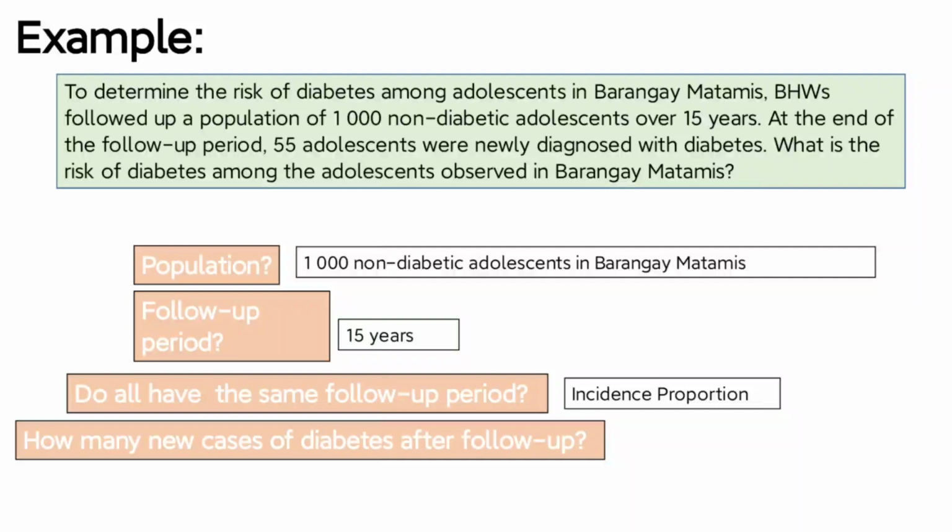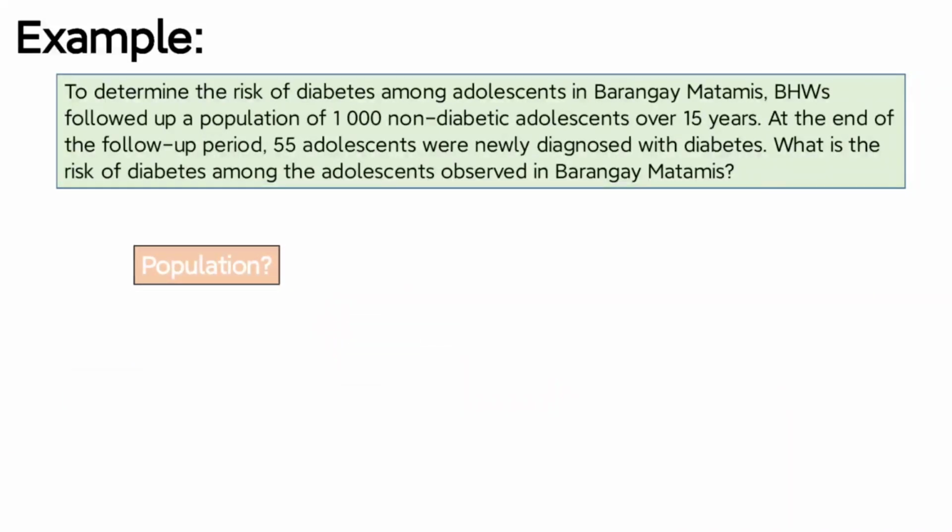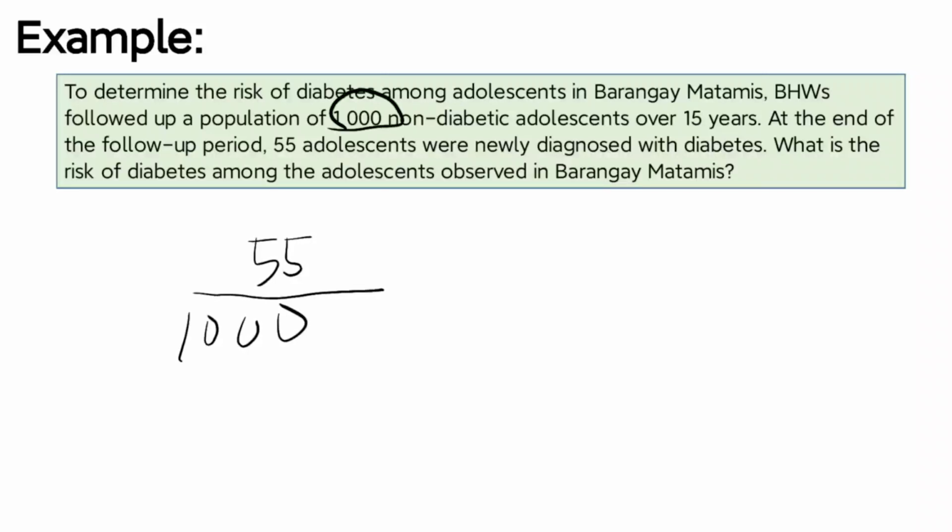How many new cases of diabetes after follow-up? So, you have 5.5. So, paano nakuha yung 5.5? So, yung 55 divided by 1,000 na yan. Okay? Sila kasi yung at risk, di ba?